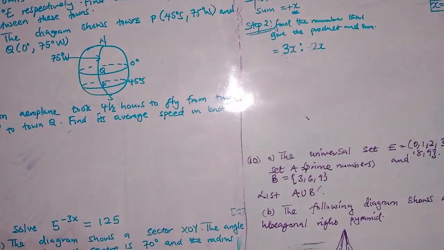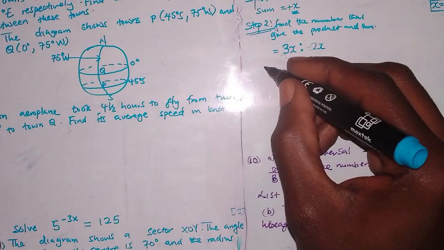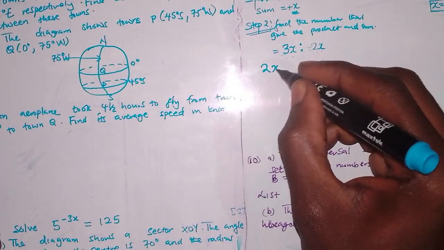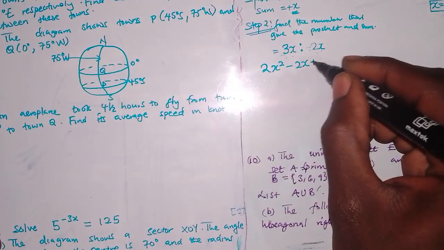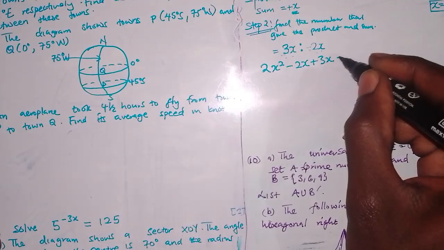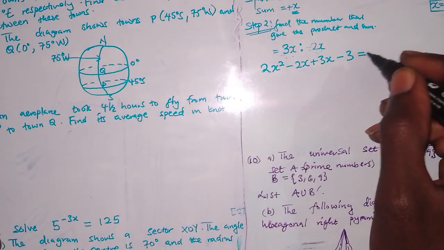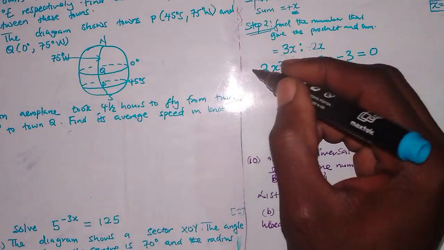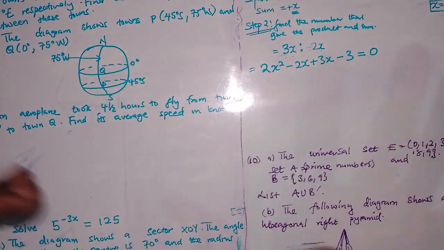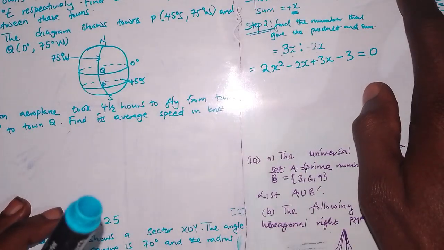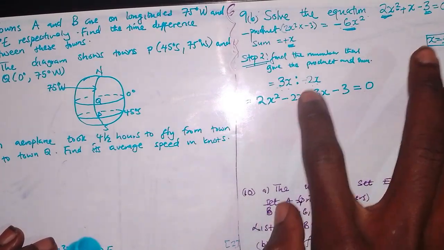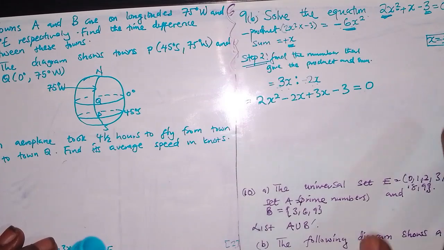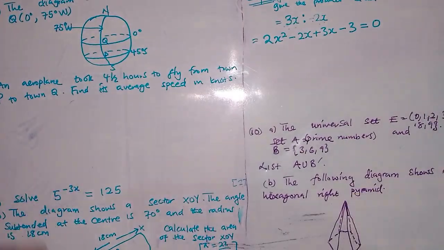So now you write the equation: 2x squared minus 2x plus 3x minus 3 is equal to 0. If you can see here, where there was x, we have now put negative 2x and 3x as our two numbers, because they give us the sum.